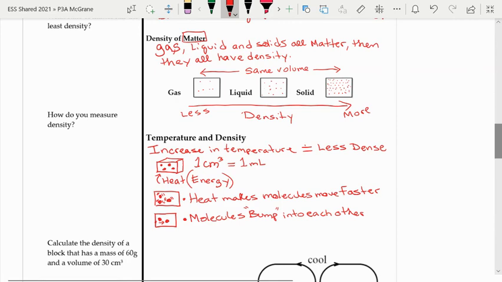If I bump into you, you're pushing back on me. I go in one direction, you go in the other direction. So when this thing gets bumped into, I'm going to put dash, dash, dash. It's going to be sending itself in this direction. I need to put more molecules in there. This molecule then is going to be moving off in this direction. So those molecules bump into each other and spread out.